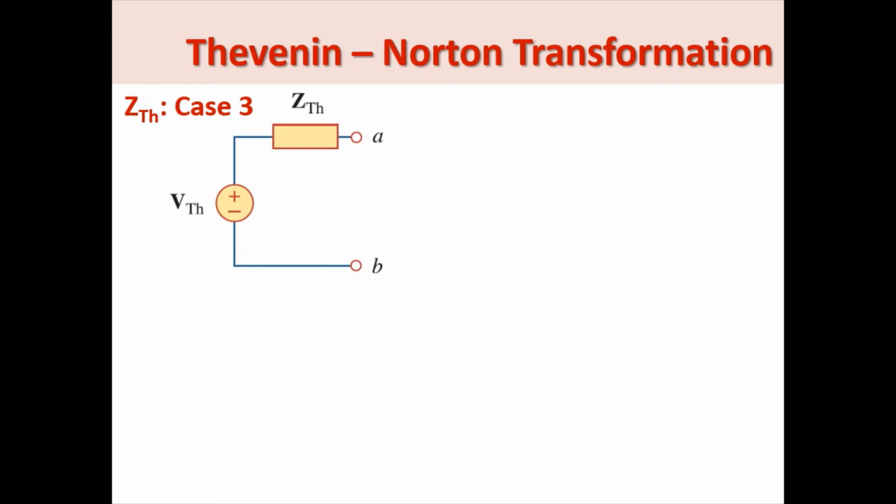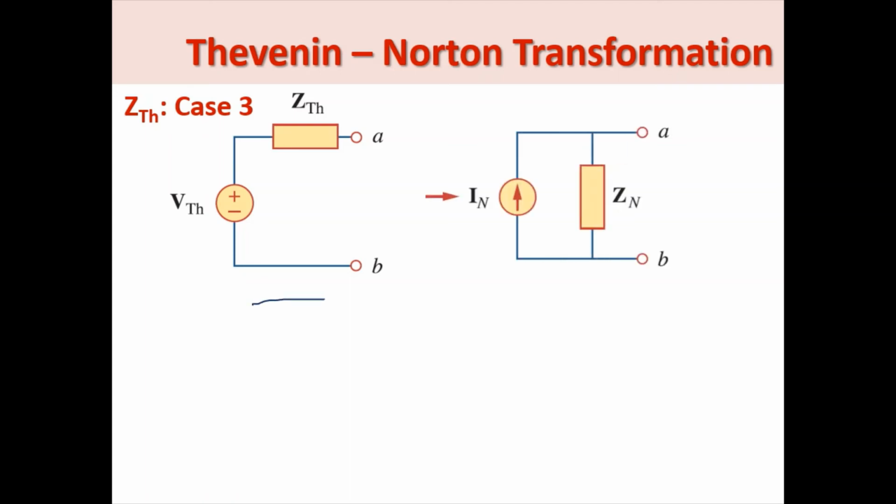Now there is actually another case in determining Z sub th. We know for a fact that a linear circuit with respect to some open terminals A, B has a Thevenin's equivalent, and also it has a Norton's equivalent. Now this means that these two circuits, the Thevenin's equivalent and the Norton's equivalent, are actually equivalent circuits for the original circuit.